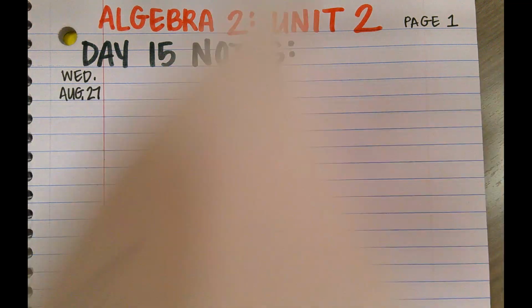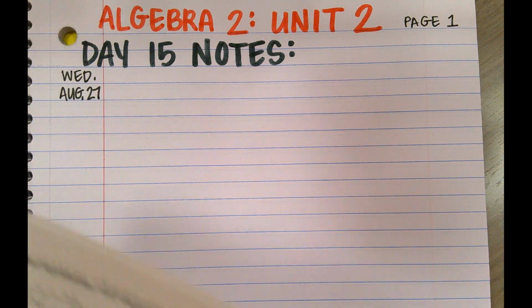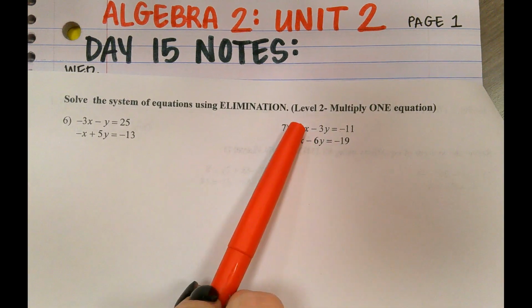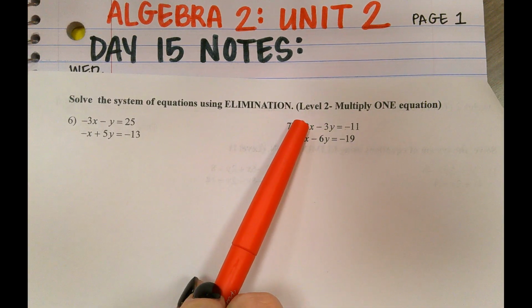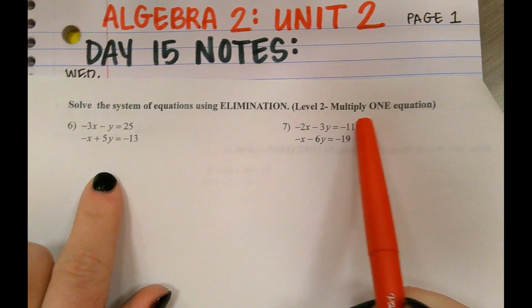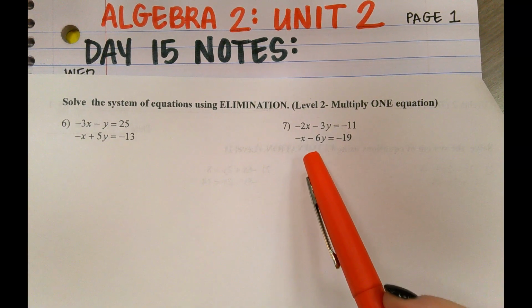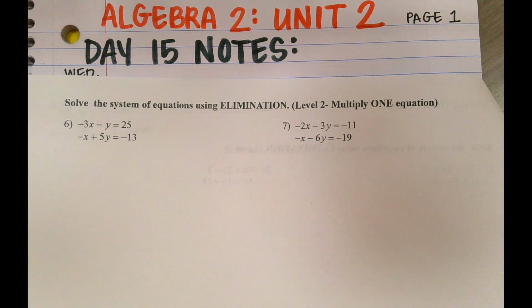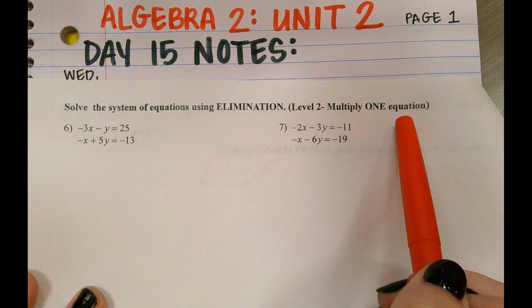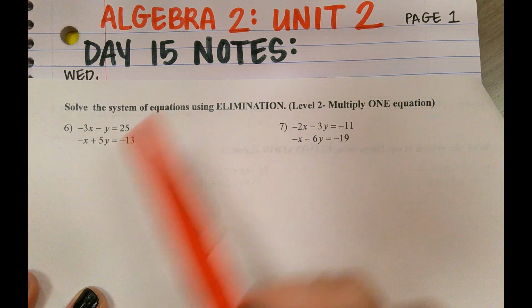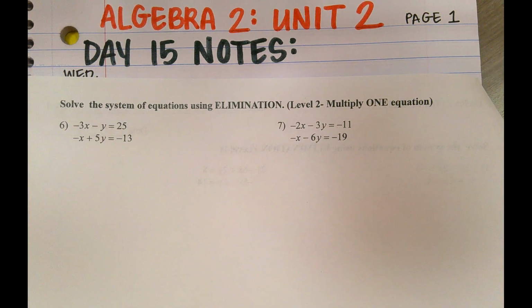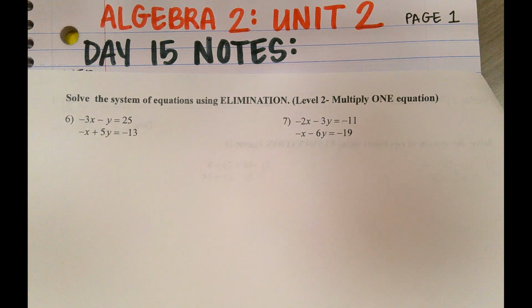Beginning yesterday, we started talking about level 2, which is what we just did during the do now, where you multiply one equation. Yes, we did multiply both, like 2 different times on the do now, but it was just to show that you have options. We only needed to multiply one equation. And then we go back and we solve by adding together, canceling a variable, everything we just did.